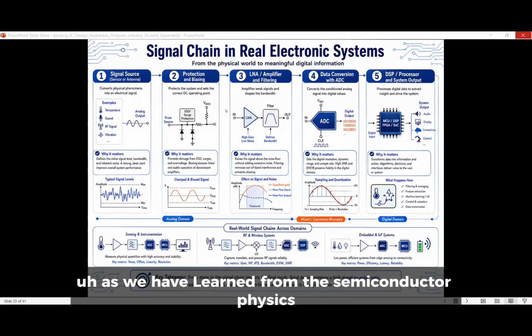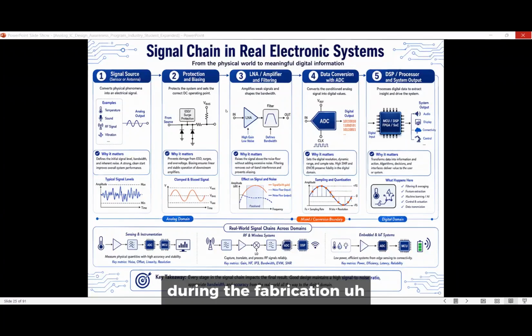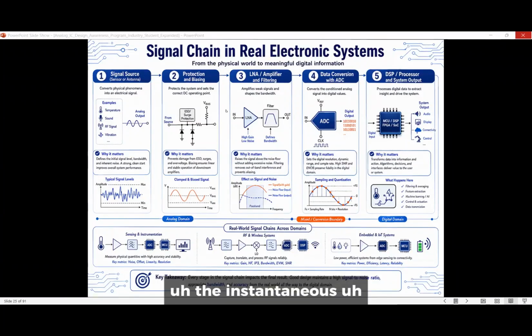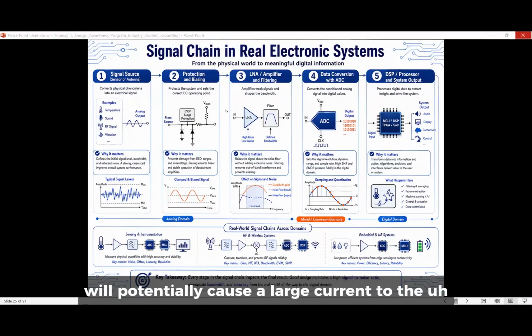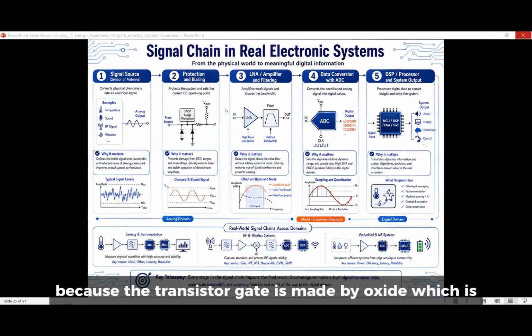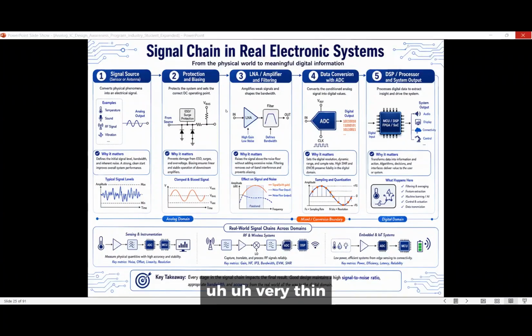Okay, so why does this process require protection? As we have learned from semiconductor physics, during the fabrication of the wire bonding, the instantaneous charge will potentially cause a large current to the transistor gate, right? Because the transistor gate is made of oxide, which is very thin. How thin is it?